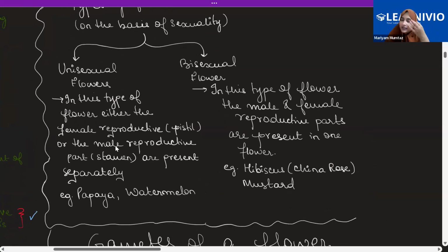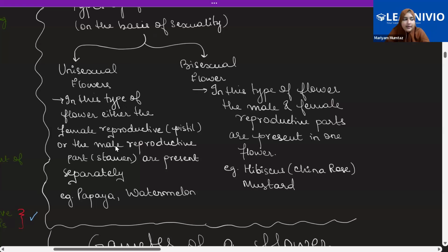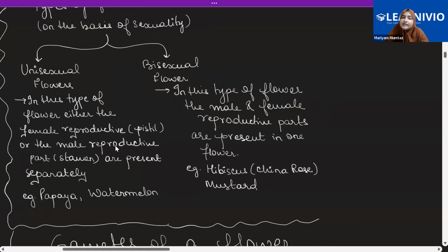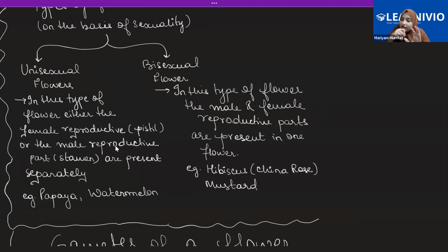So either only the male parts in a flower or only the female parts in a flower. Examples are papaya and watermelon. On the other hand, there are bisexual flowers. Bi means two. So in one flower there is the male reproductive part and also the female reproductive part. This is what we call bisexual flowers.